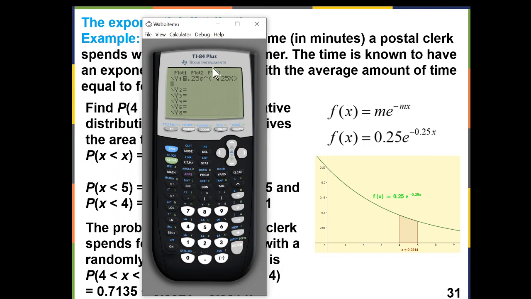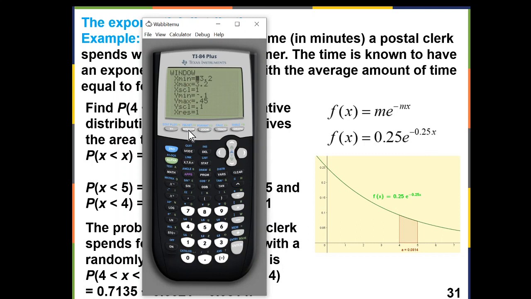That's the function. Then I'm going to graph it with the calculator. To graph it is very easy. Just make sure all the plots are off, so you don't have plots. All three should be off. So you go to y equals, put that function in there.